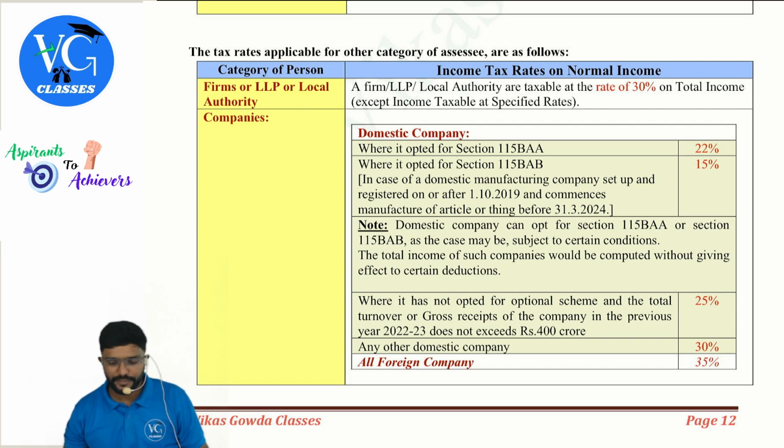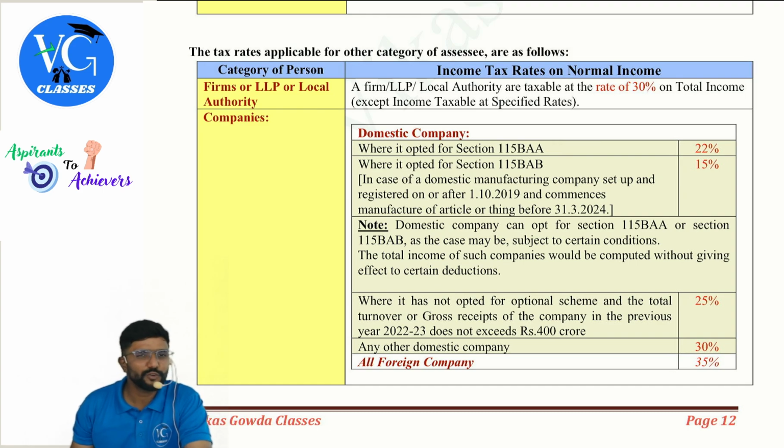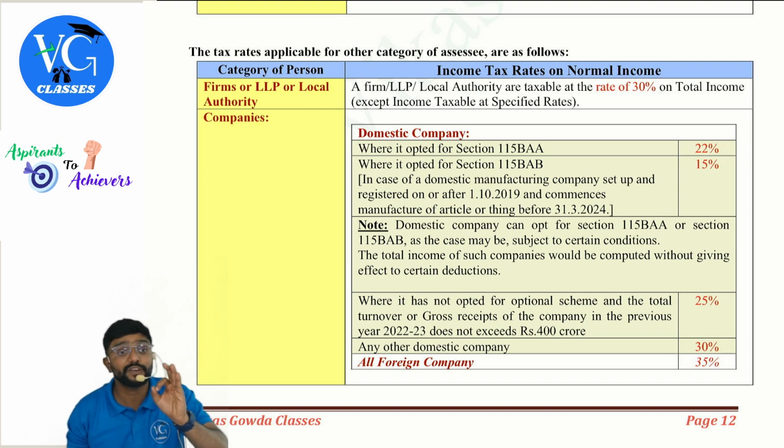Whereas for a domestic company, they have an optional scheme, guys, under section 115BAA or BAB. There also, if they choose it, they have to forego certain exemptions and deductions. But for a domestic company, we don't call it a default scheme. We call it an optional scheme. So if they are following BAA, then the tax rate is 22%. If they are opting for section 115BAB, then it is 15%.